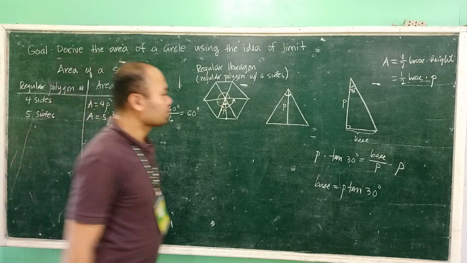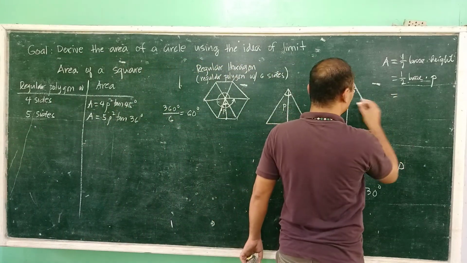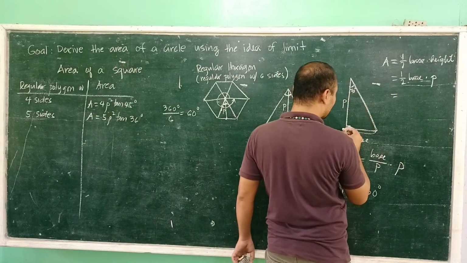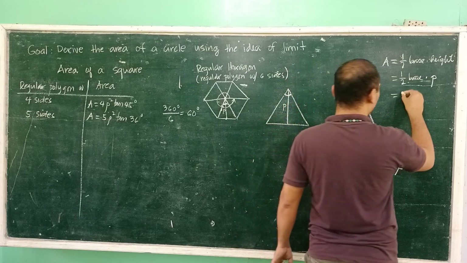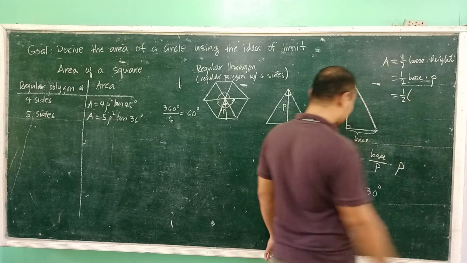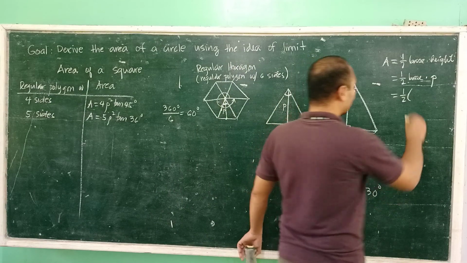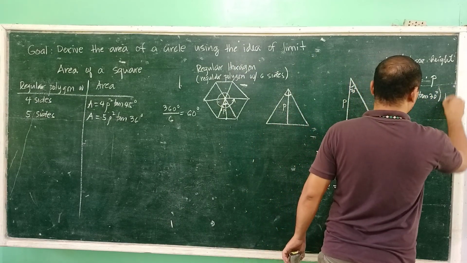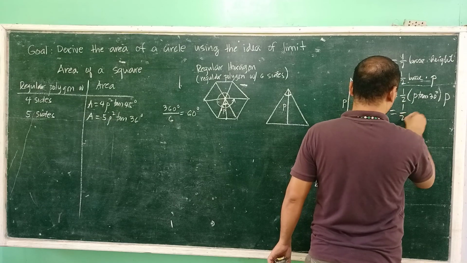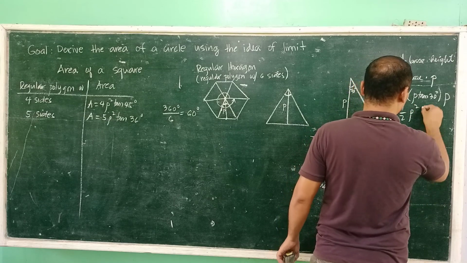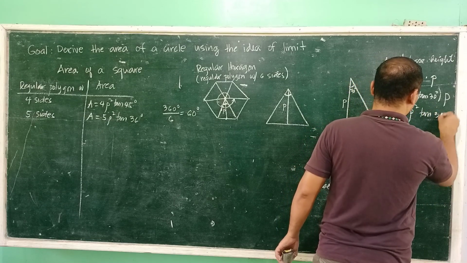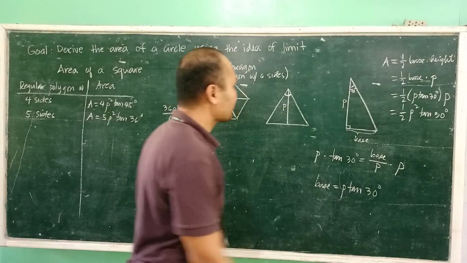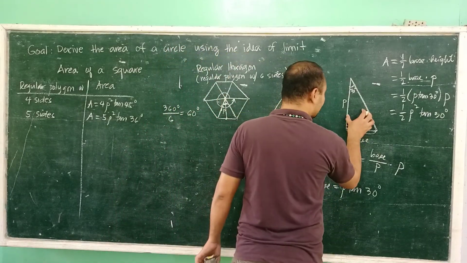Therefore, the area of this right triangle is 1/2 times the base, p tangent 30 degrees, times p, or just 1/2 p squared tangent 30 degrees. That's the area of this triangle.